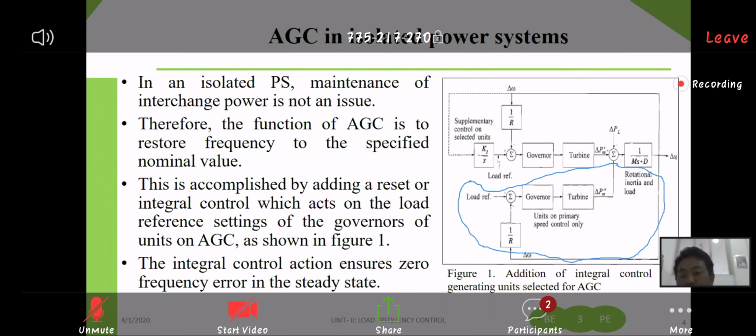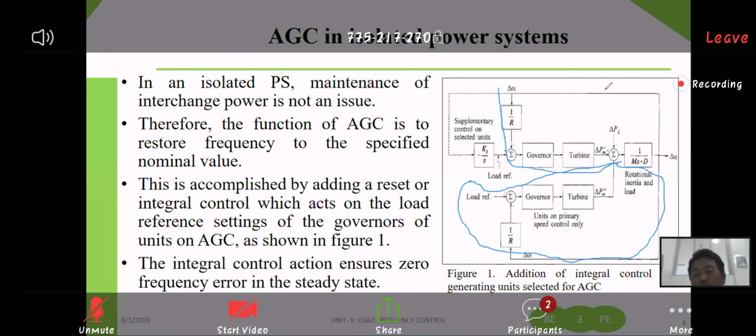One unit employs primary speed control only, which means the speed governor, and for the second unit we choose to employ the AGC.